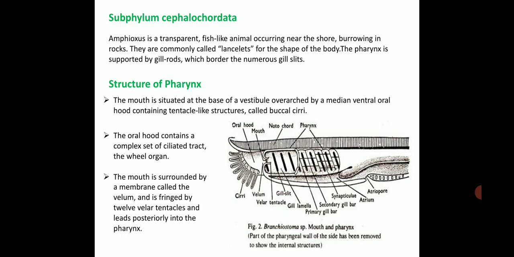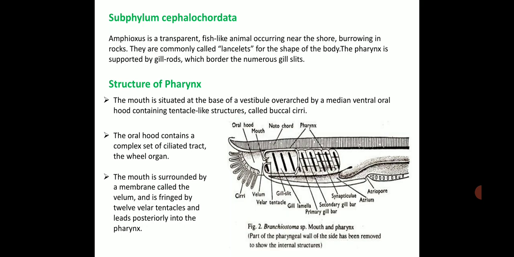In this picture you can clearly make out the oral hood, the tentacle-like structures, and next to that the mouth. This oral hood contains a complex set of ciliated tracts, which we call the wheel organ.